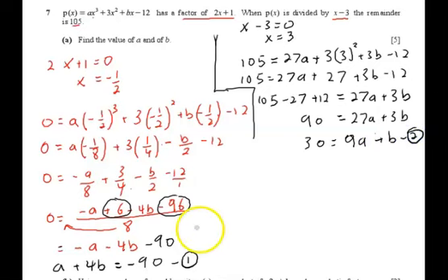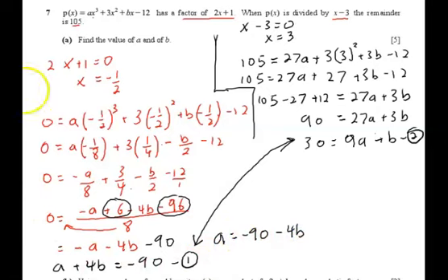Now you see, we have to solve simultaneous linear equations between the first and second. Alright, so I'm going to substitute the a. I take the first one and make it a equals negative 90 minus 4b. I'm going to substitute this into this a.